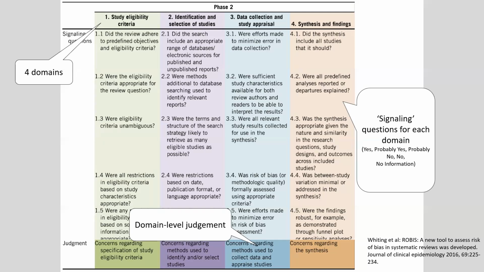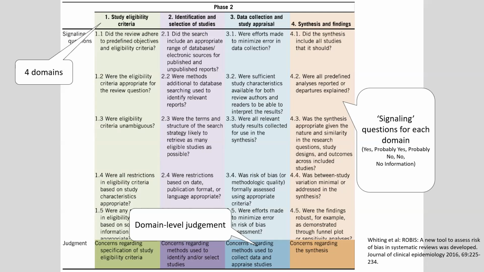Then in the third phase, the assessors make an overall judgment, seen down at the bottom, by assessing the interpretation of the findings, specifically whether the concerns you identified, all the biases you identified, were addressed, maybe mentioned in the limitation section of the discussion, and whether the relevance of the studies was considered, was it relevant to the review question, and whether the reviewers avoided emphasizing results based on statistical significance.